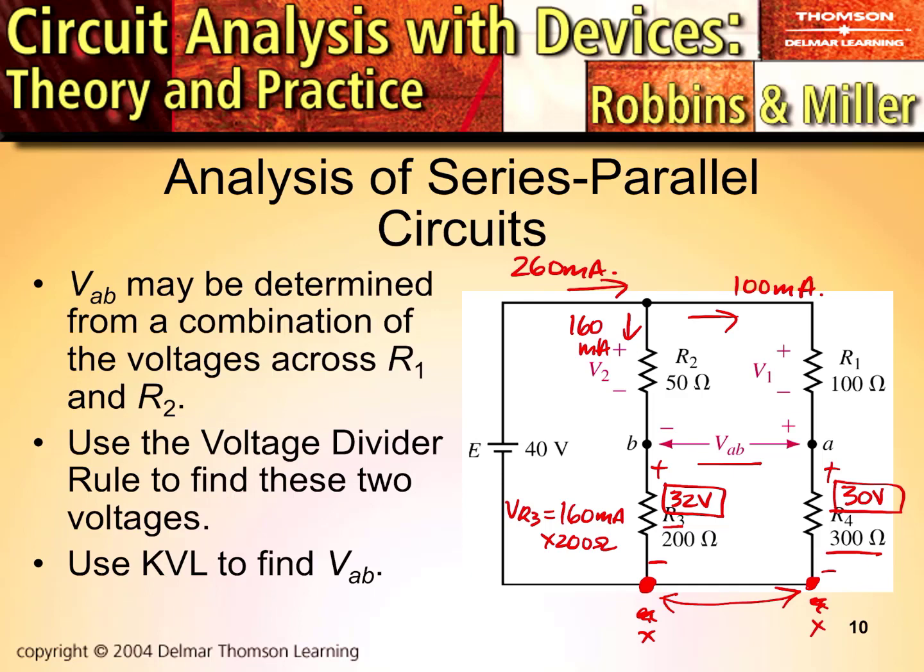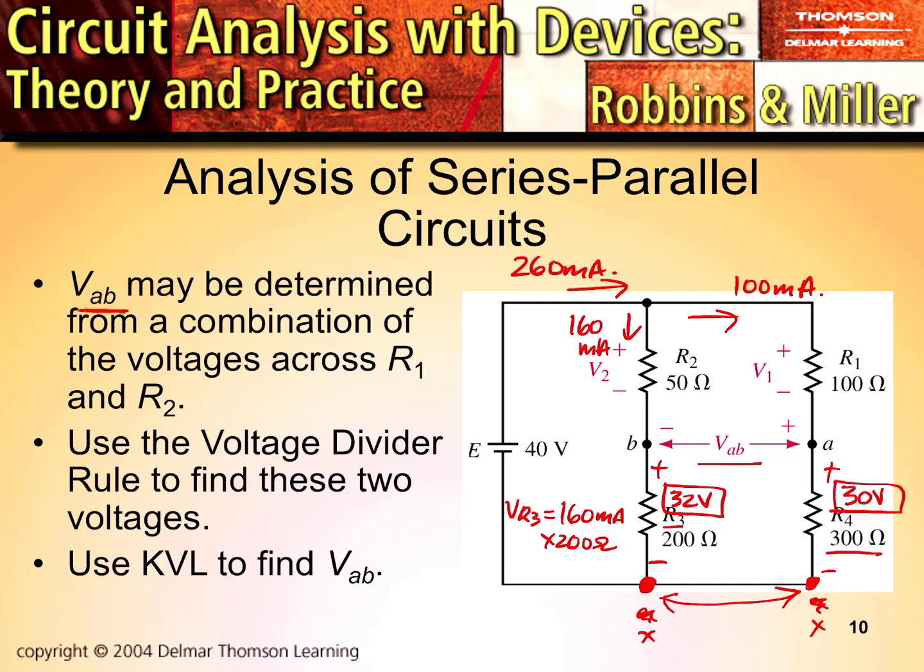It's the same point. If we look at that same point X and we look at point A relative to the same point of which we determined that was 32 volts for point B, we can see that point A is 30 volts. So now we're looking at a value of VAB. So what's our reference?